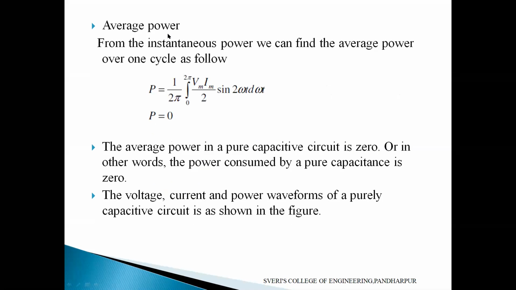So instantaneous power is fluctuating in nature. Now take a small heading above it, average power. From the instantaneous power, we can find the average power over one cycle.